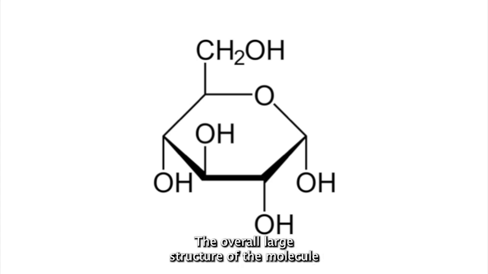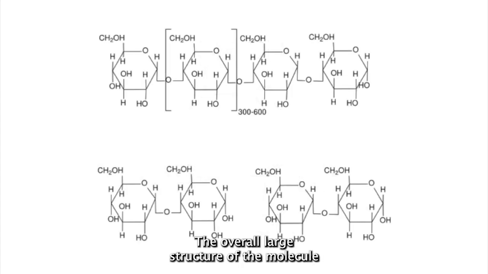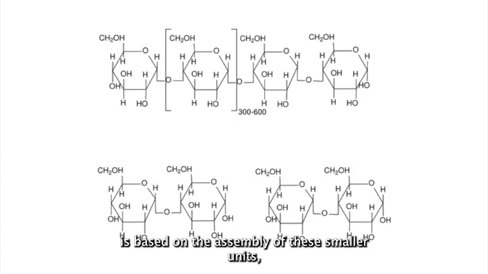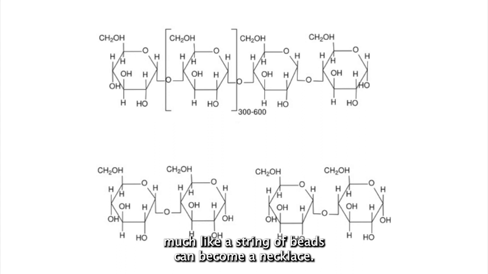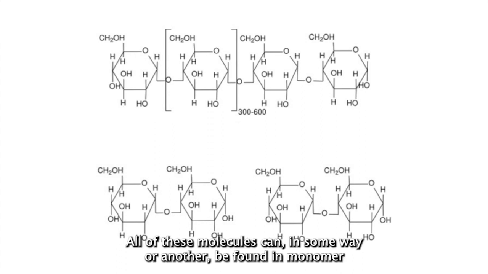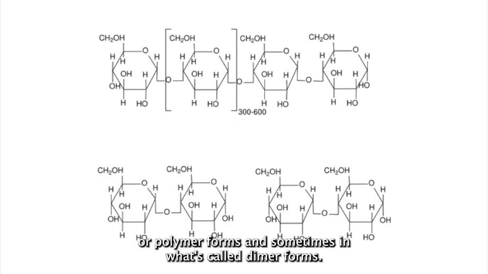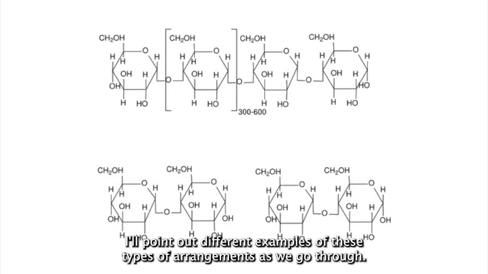In these, the overall large structure of the molecule is based on the assembly of these smaller units, much like a string of beads can become a necklace. All of these molecules can, in some way or another, be found in monomer or polymer forms, and sometimes in what's called dimer forms. I'll point out different examples of these types of arrangements as we go through.